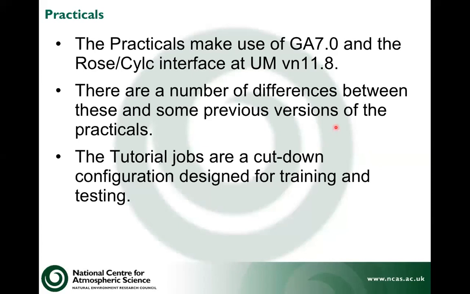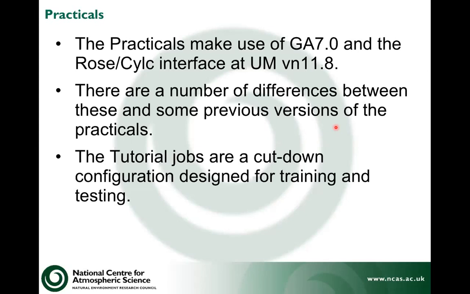These practicals make use of Global Atmosphere 7 and the Rose Cylc interface at UM vn11.8. There are a number of differences between these and some of the previous versions of the practicals which you may have seen. These jobs are a cut down configuration designed for training and testing, so the configuration is a bit simpler.